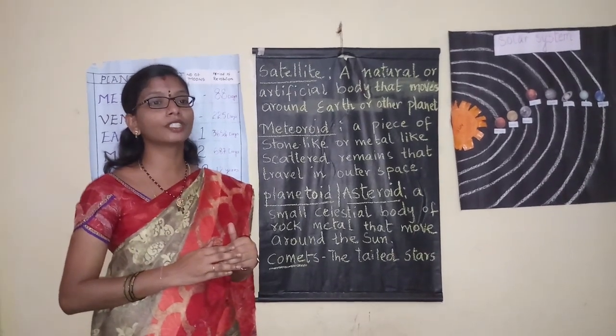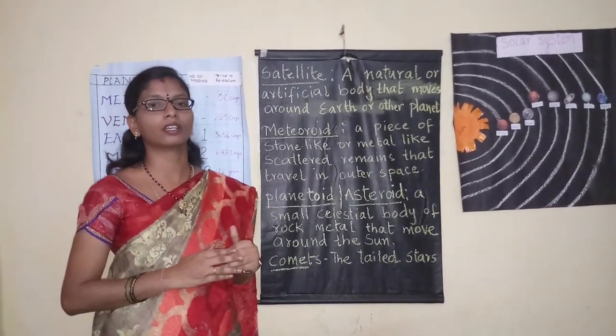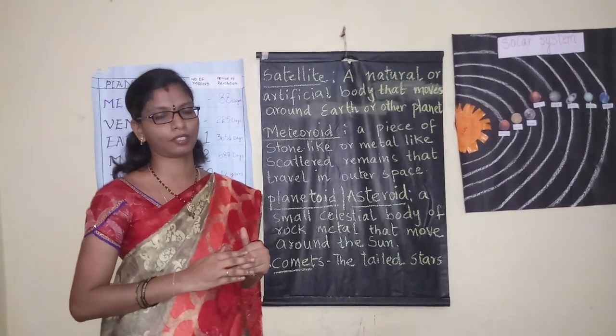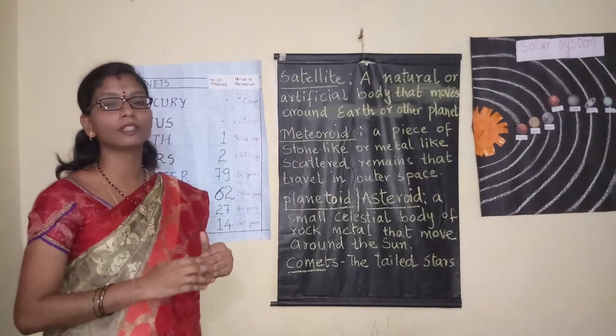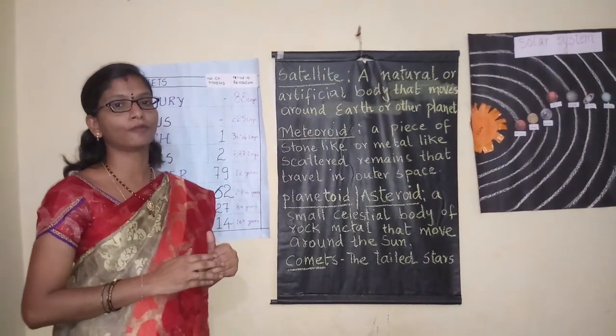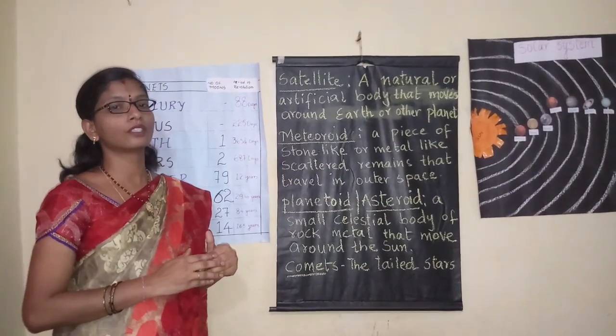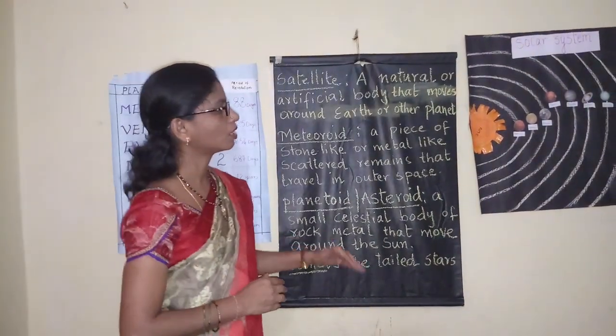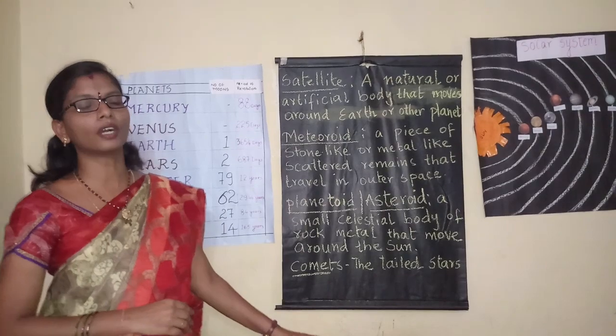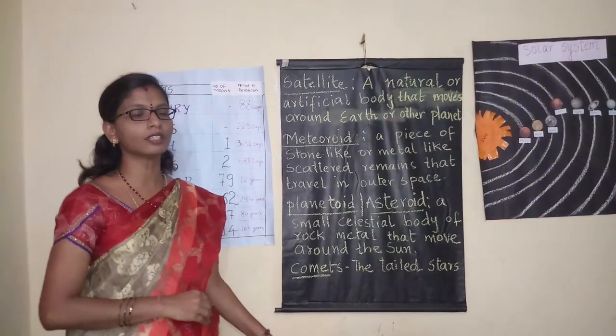And the vehicle which they use to go into the space is known as the spacecraft. Mr. Rakesh Sharma was the first person to travel to space from India. And we have another 2 women, Sunita Williams and also Kalpana Chawla. These 2 are the women who have traveled to the space.